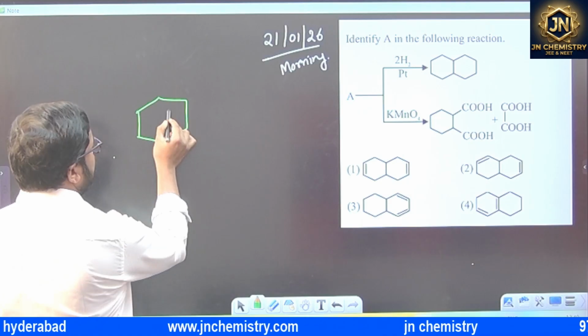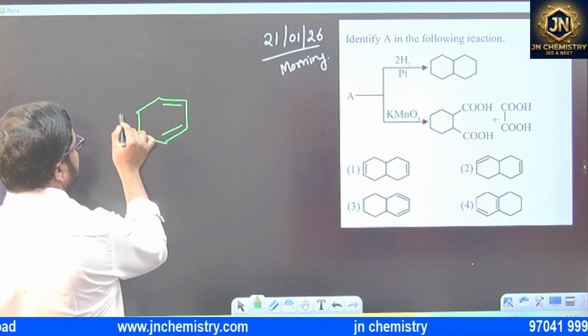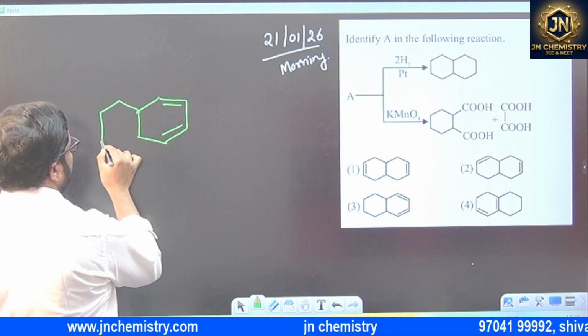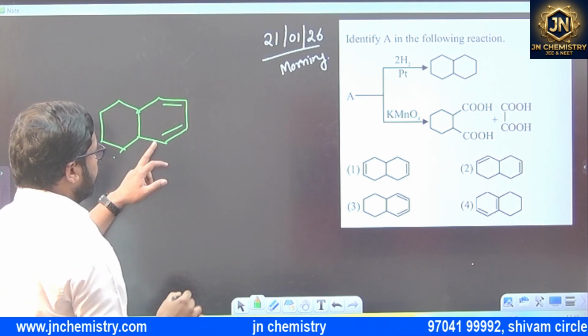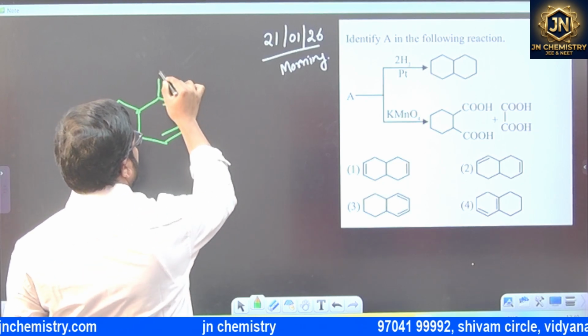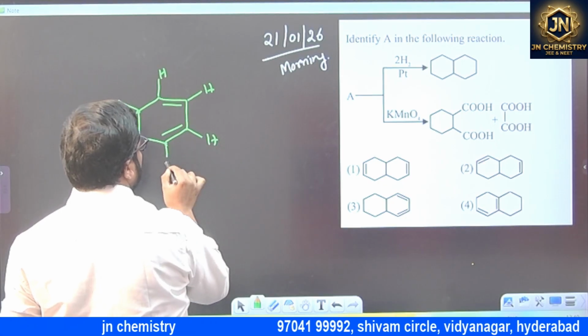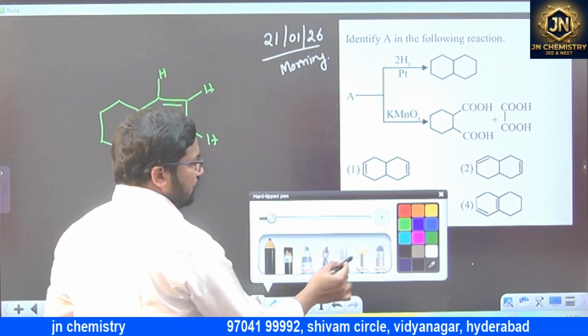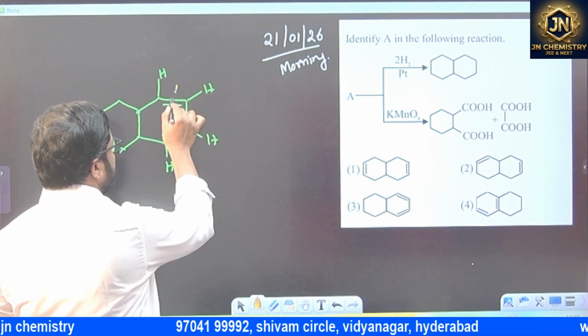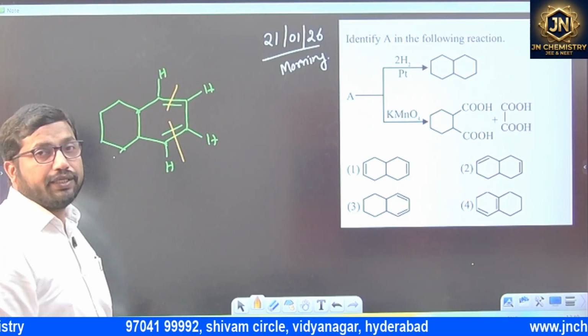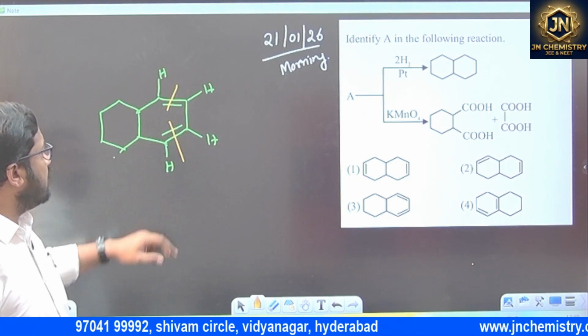For example, the compound is like this, with hydrogen, hydrogen here, and hydrogen, hydrogen here. What I told, first we need to break the bond, just break the bond here and break the bond here, carbon, carbon.